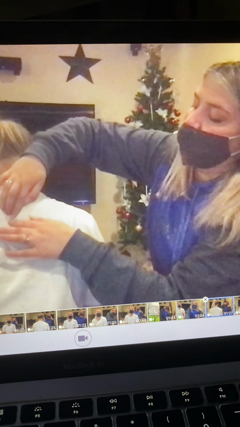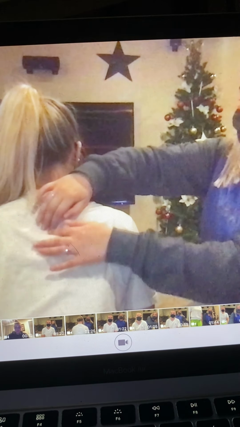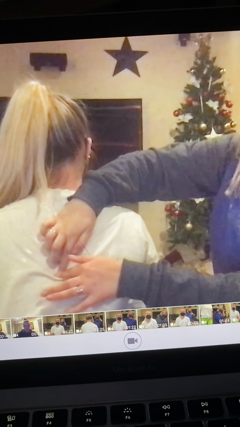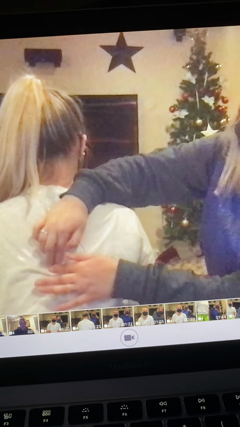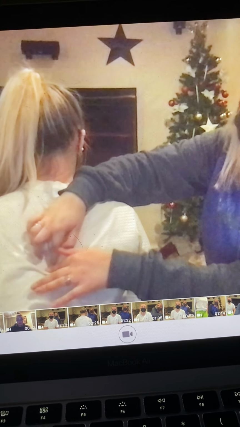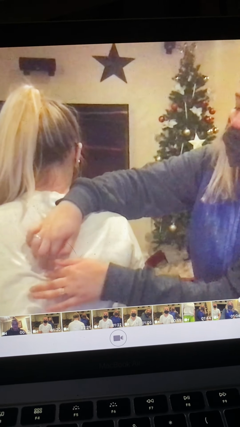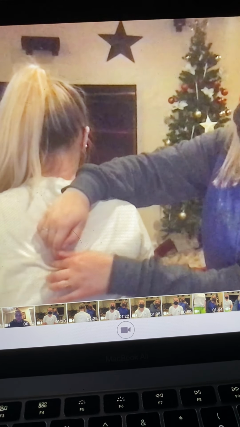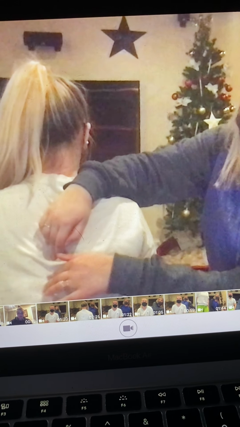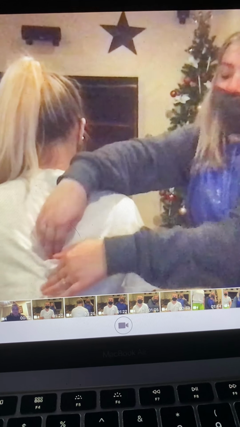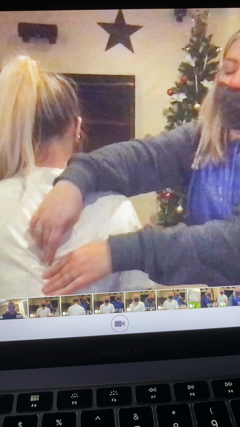Okay, you can look back up. Okay, so lower thoracic, then the upper lumbar, and so this here would be the origin.